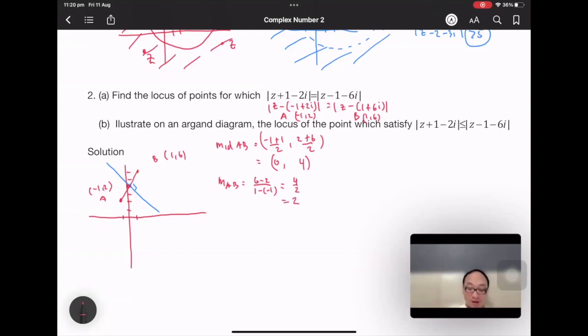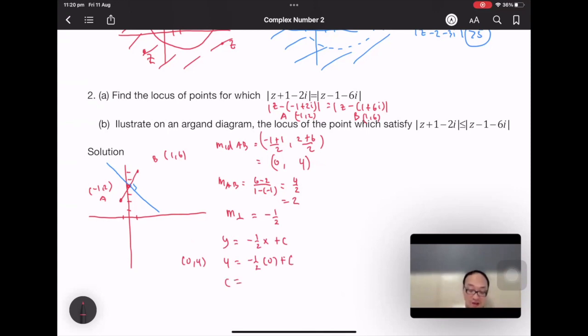Now we find the gradient of the perpendicular to AB. So the gradient of the perpendicular to AB is negative 1 over 2. So the equation is y equals negative half x plus c, using y equals mx plus c. Because it passes through the midpoint, we can just replace the midpoint. 4 equals negative half times 0 plus c.